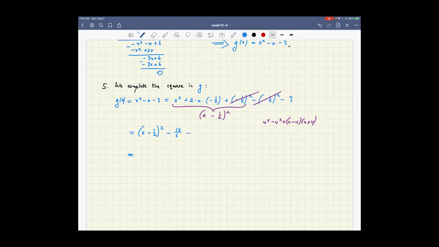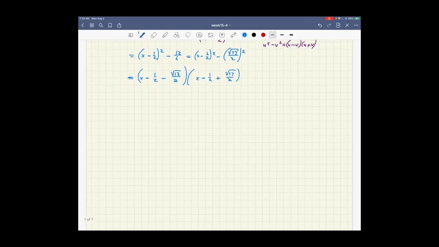So if you write this as x minus 1/2 squared minus root 13 over 2 squared, it'll be x minus 1/2 minus root 13 over 2 times x minus 1/2 plus root 13 over 2.